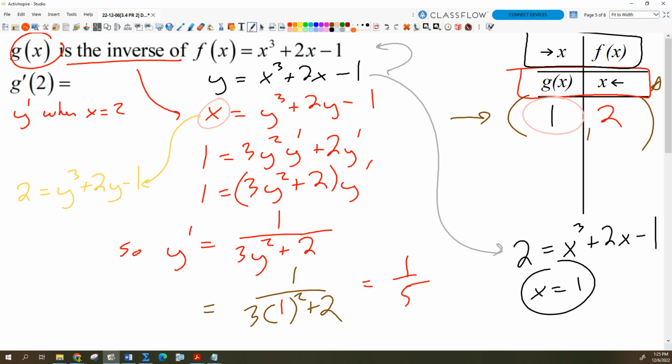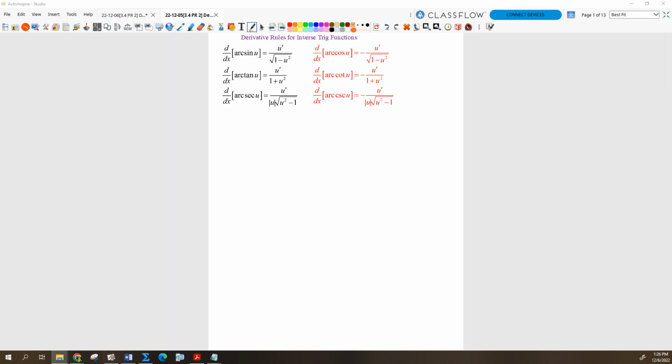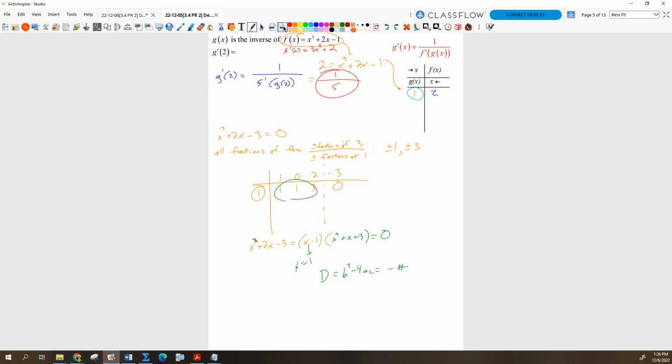Here, let me pull up our stuff from yesterday. I just want you to see we did this exact problem with a different look yesterday. What was yesterday, the 5th? Right there.